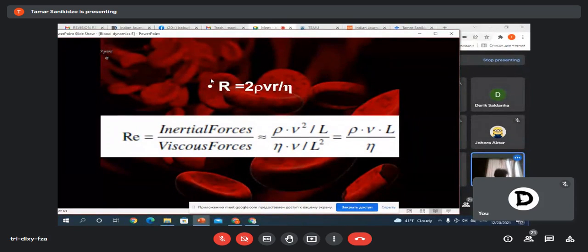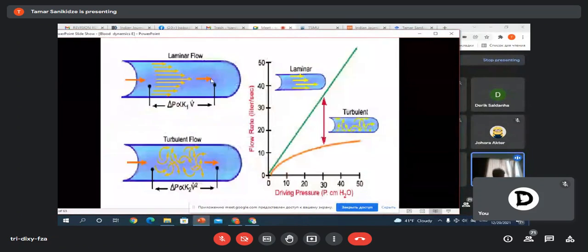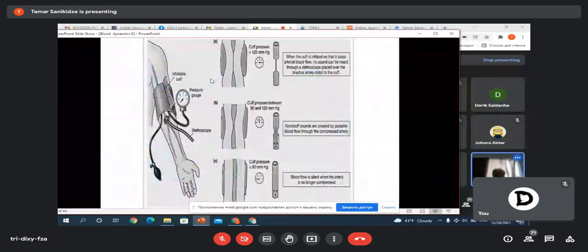At the same time, when the radius decreased, according to the equation of stationarity, speed has to increase proportionally to the square of the radius, and the increase of the speed will also support the development of turbulent flow. What kind of flow do we have in the blood vessels?